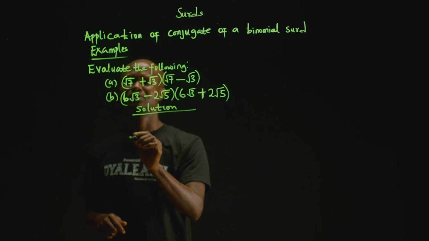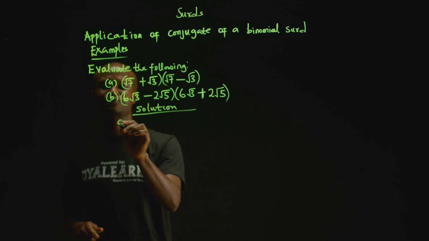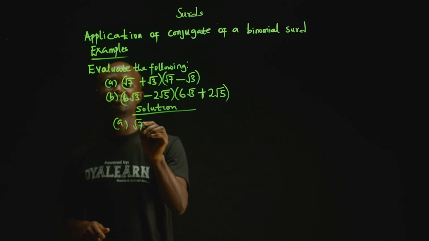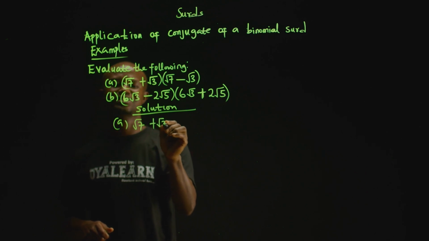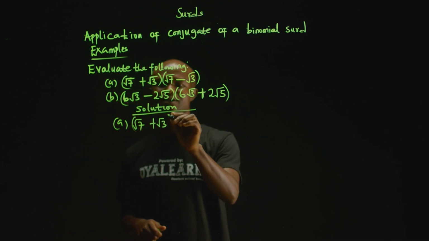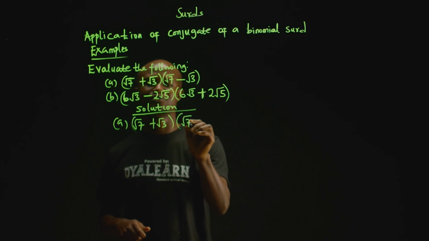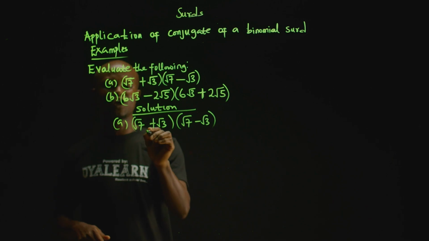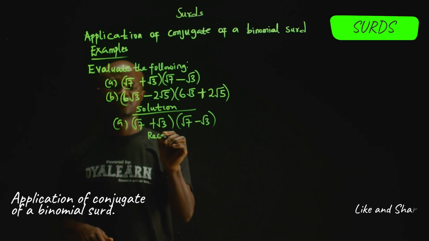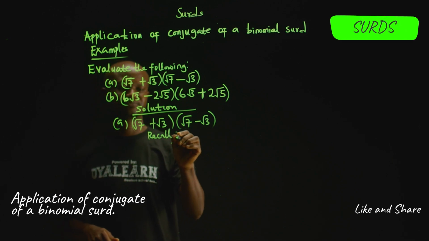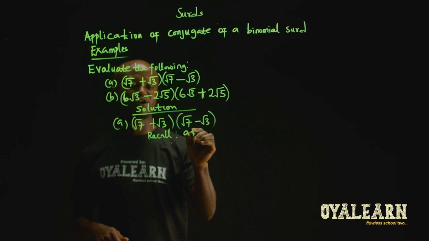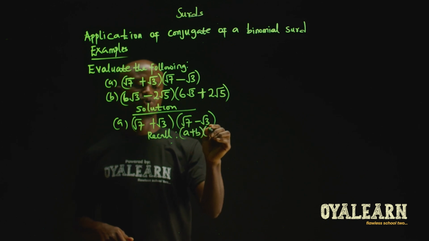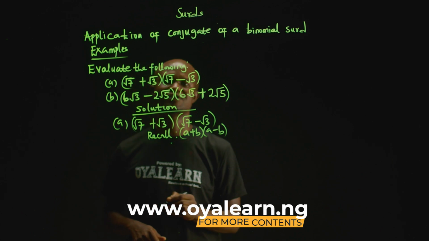Solution. The first one we have root 7 plus root 3 in bracket into root 7 minus root 3. We need to recall that when you have a plus b into a minus b, what will you have?